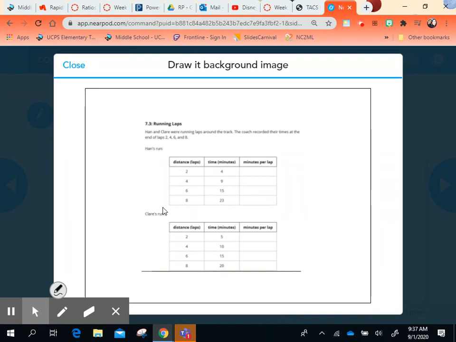Okay, let's look at this one. It says Han and Claire were running laps around the track. The coach recorded their times at the end of laps 2, 4, 6, and 8.